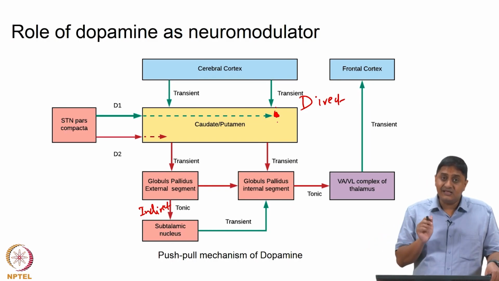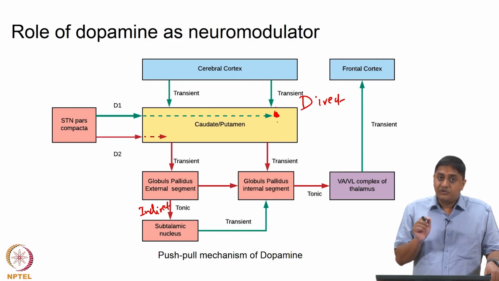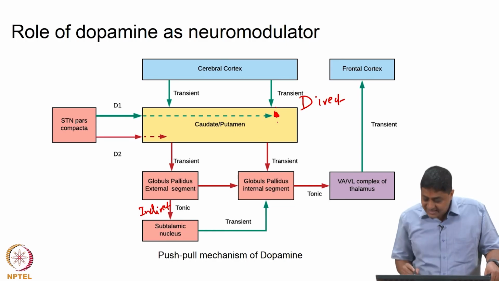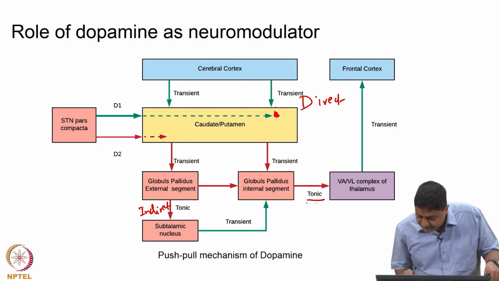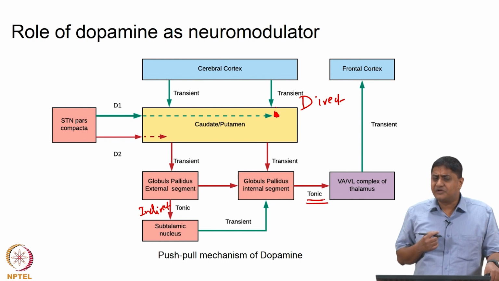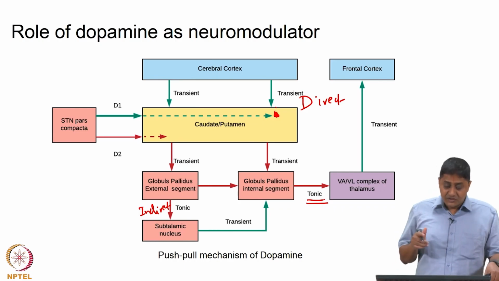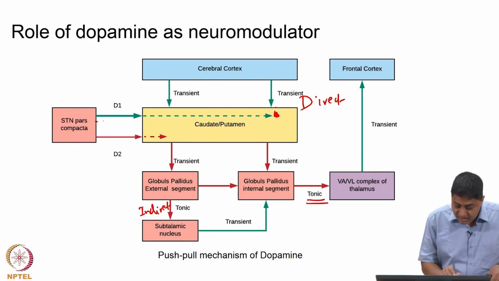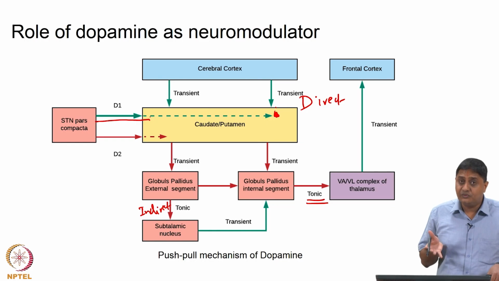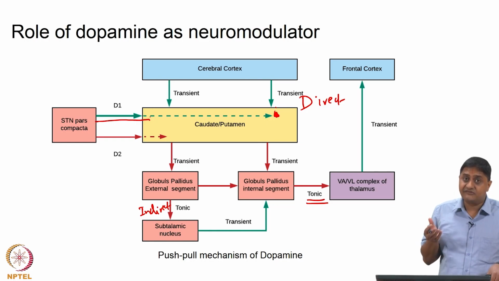So, the output nuclei of the basal ganglia are directly inhibited. But since the output nuclei are always providing tonic inhibition to the thalamocortical neurons, there is a transient release of excitation, right.